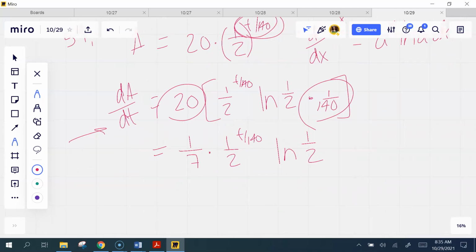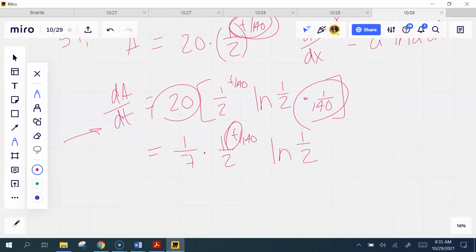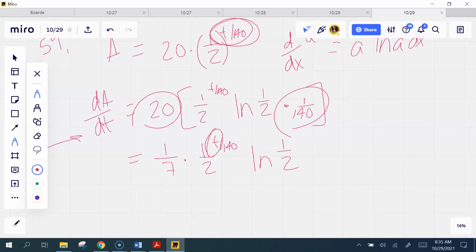When you plug in 2 here, you should get approximately 0.098. It said the rate it's decaying when t equals 2 days. And then you have to remember, you don't get your answer point if you don't put your units. What's the rate?